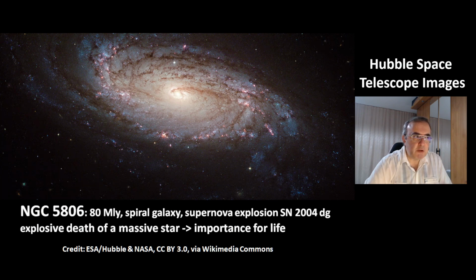This supernova was the explosive death of a massive star, and supernovas are very important for life because these extreme conditions are needed for the nuclear synthesis of the heavier elements, for example oxygen, sulfur, calcium, zinc. And in the supernova explosion, about half of the material is blown into space and distributed. And this is the material for future generations of stars, planets, and moons.